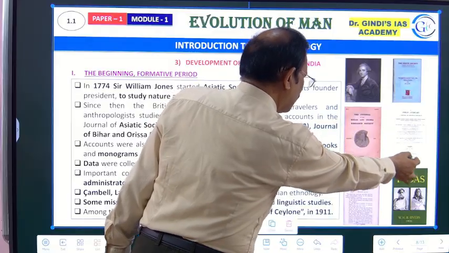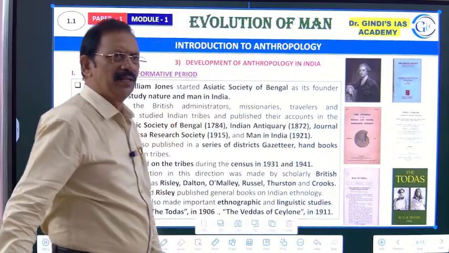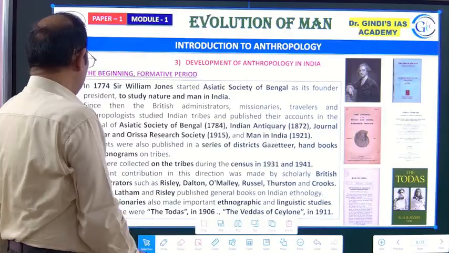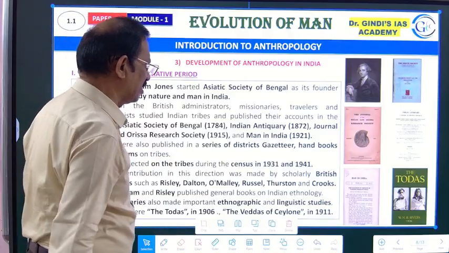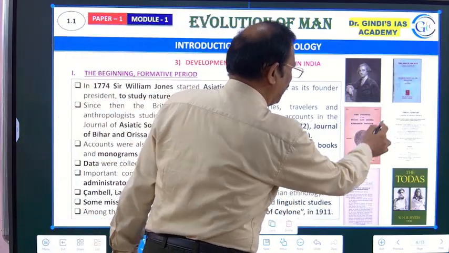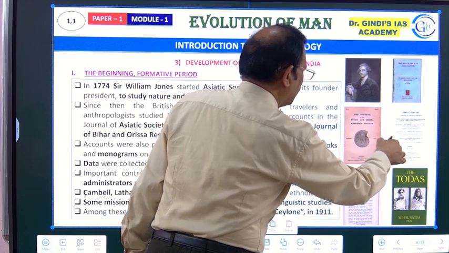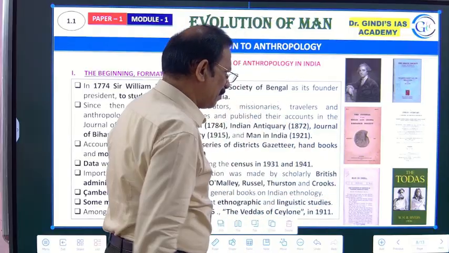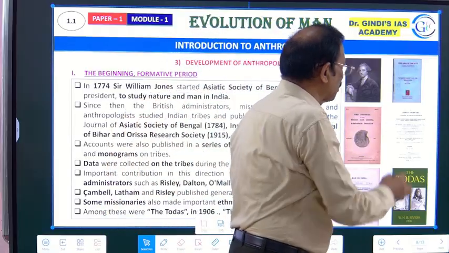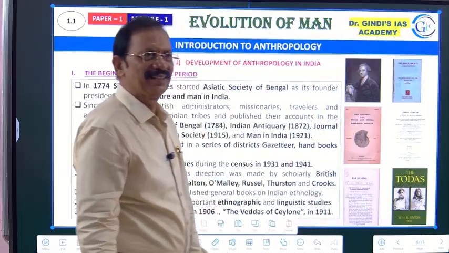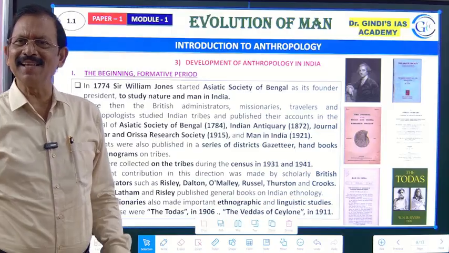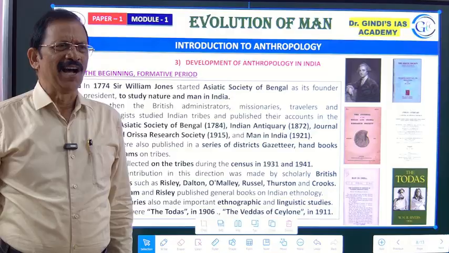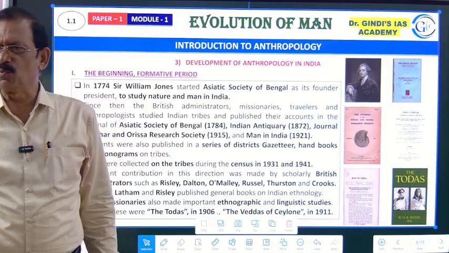Here you can see almost all the magazines: Indian Antiquary, Journal of Bihar and Orissa Research, then Man in India. These are different magazines, exclusive for anthropology research and study.